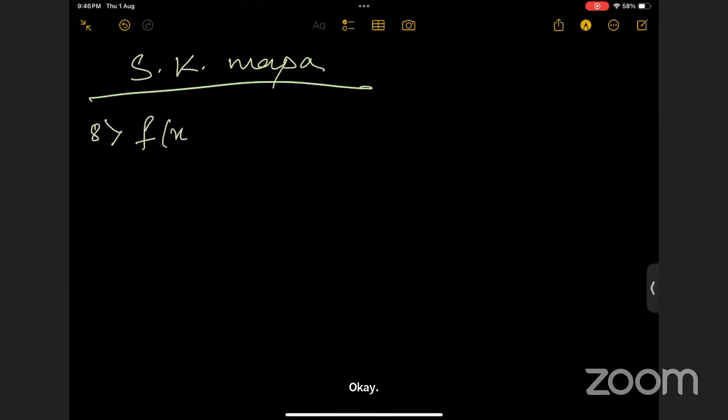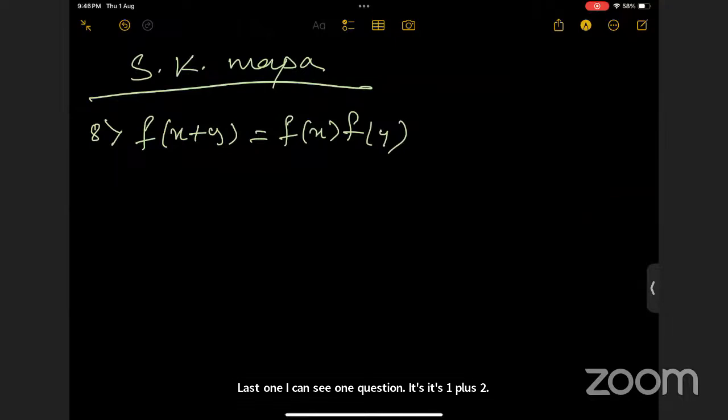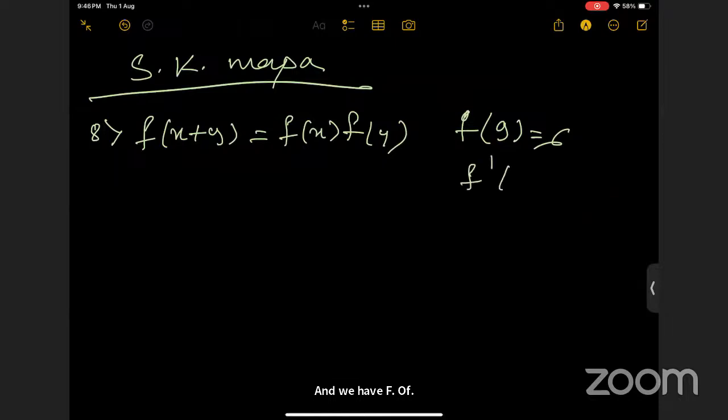Last one, I can see one question. If f of x plus y equals f of x into f of y, and we have f of 9 equals 6, f dash 0 equals 4. So f dash 9 equals what? This is what we have to find, right?